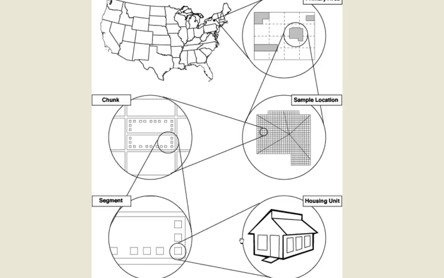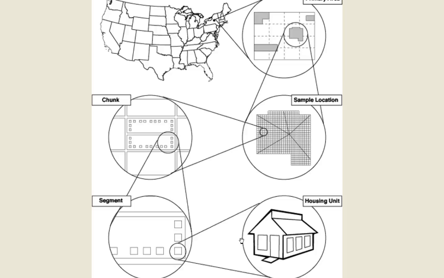So let's say we choose East Syracuse, Manoa. Within East Syracuse, Manoa, we can choose city blocks. Let's say we choose a block on some street in East Syracuse, Manoa. Then we can choose a segment from that block, let's say houses facing one side of the block. And within that, we can choose one housing unit. That's who we're going to choose.